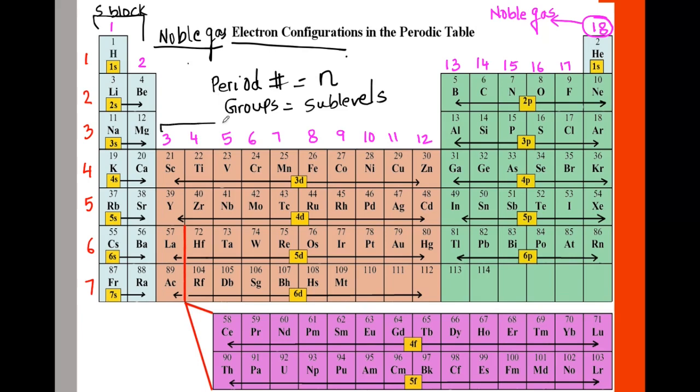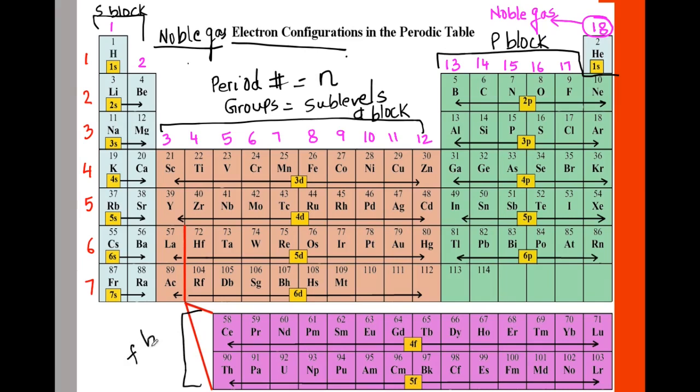Group 3 to group 12 would be D block elements because their electron configuration ends in D sublevel, and group 13 to group 18, with an exception of helium, would be p block elements because their electron configuration ends in p sublevel. And then we have these lanthanides and actinides where the electron configuration ends in F sublevel and therefore are known as F block elements.